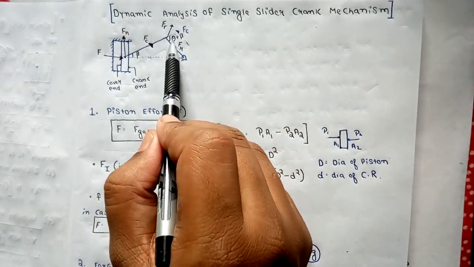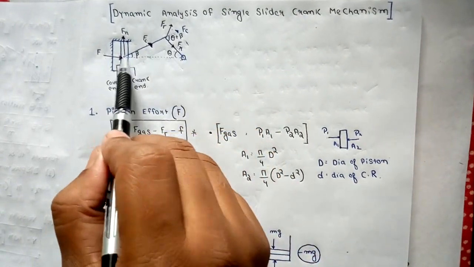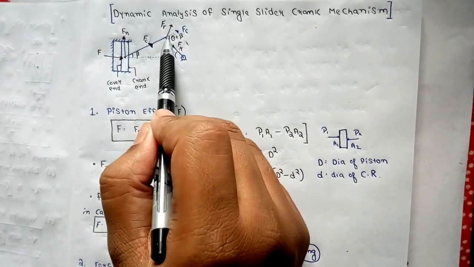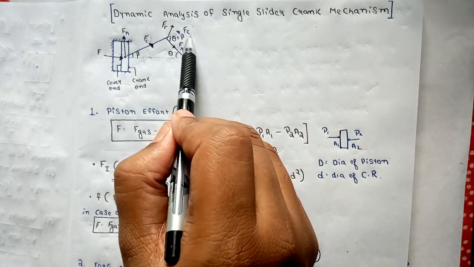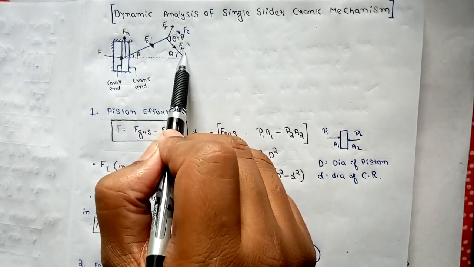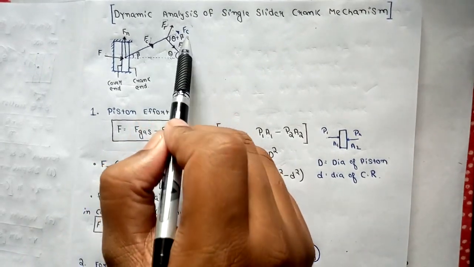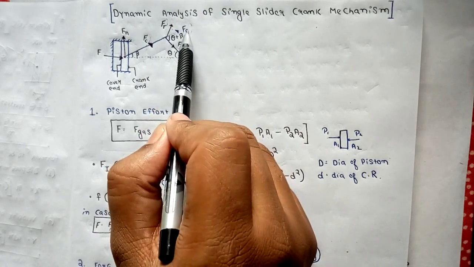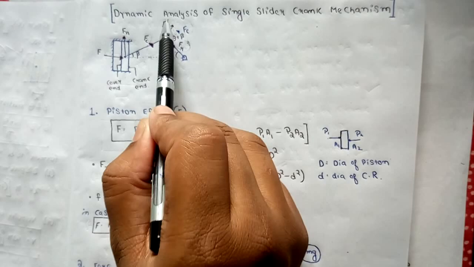So if you know this angle and you are asked to find Fr, from here we can find Fc, and if you know Fc, we can extend this angle, so this will also be Fc. Now Fc cos(theta plus beta) will be Fr, and from there we can find Fr. And if you are asked to find Ft, you can simply resolve this Fc into the sine component, like Fc sin(theta plus beta) will be Ft, and from there you can find Ft.